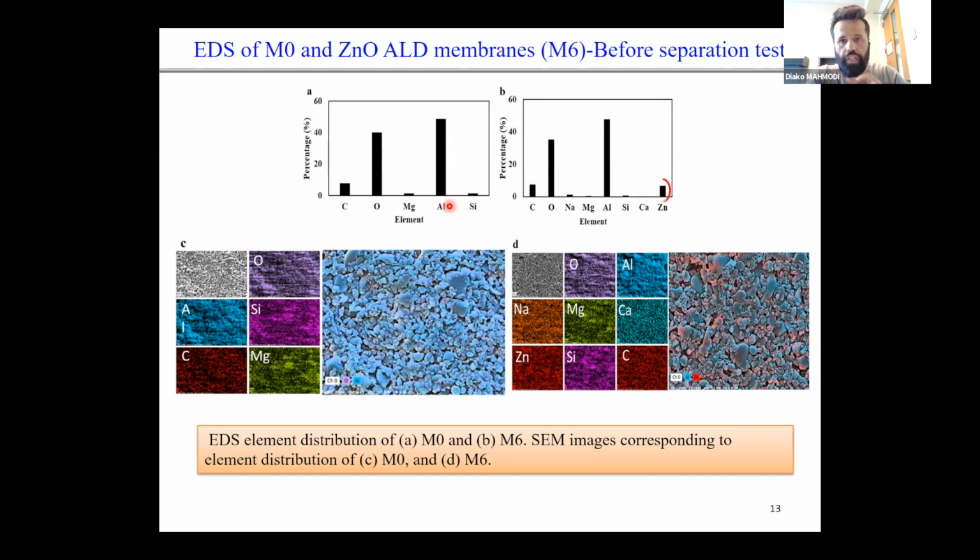But after coating zinc oxide, we expected to detect zinc and oxygen, and here, as you can see, the zinc appeared on the surface of the alpha alumina, and this red color belongs to the zinc. So we detected zinc oxide after capturing EDS.